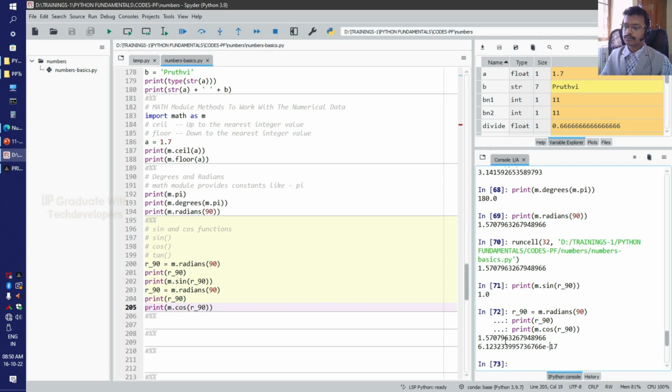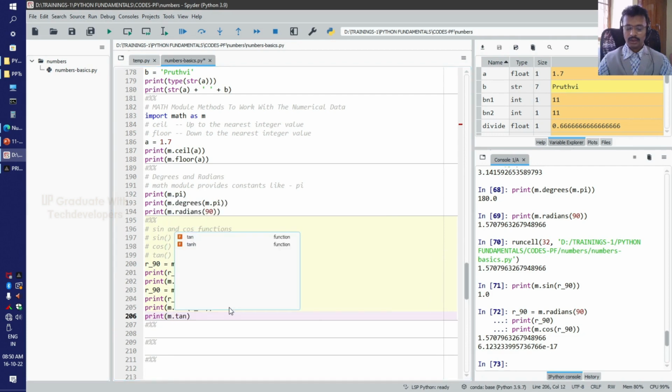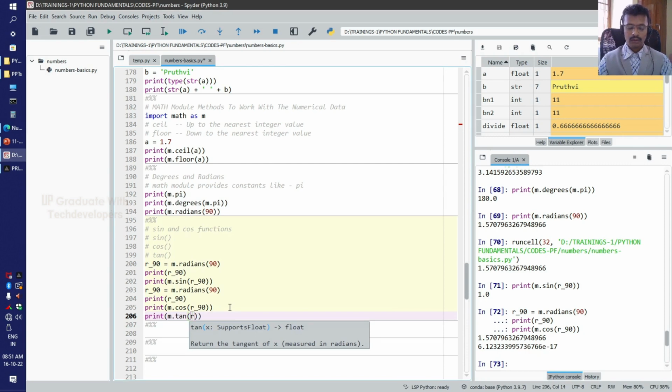Similarly, we can create the tan value using m dot tan. Look at here, we have tan and tanh, hyperbolic tan and tan, and then r underscore 90 degree.